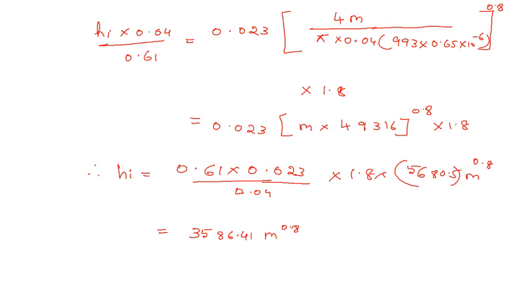We got this value. If we substitute h i in equation 1, which we have not mentioned, that is the heat gained by the water equal to the heat lost, that is Q is equal to m Cp delta T, we can find out the mass flow rate.